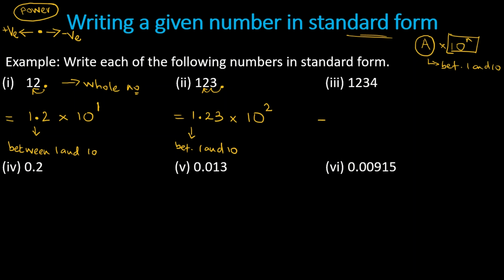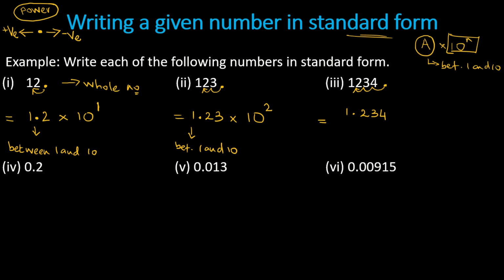The third part, 1234. The decimal is completely at the end. We have to move the decimal to the left until we reach a number between 1 and 10. Let us see. If we stop here, we have 123.4. Is it between 1 and 10? No. So we will move by another decimal place. 12.34, is it between 1 and 10? No. So we continue to move 1 decimal place: 1.234.